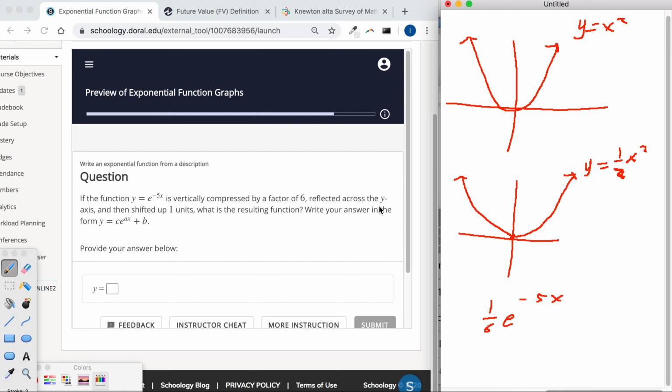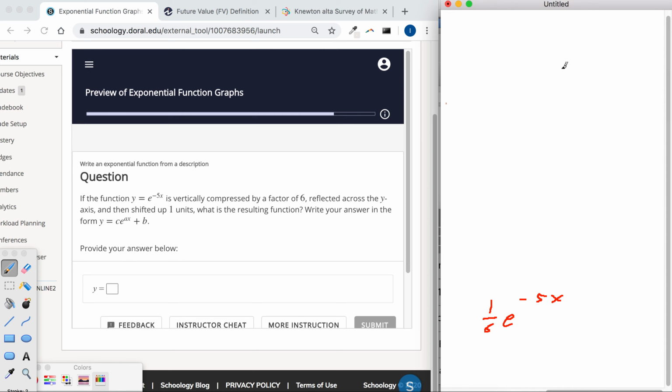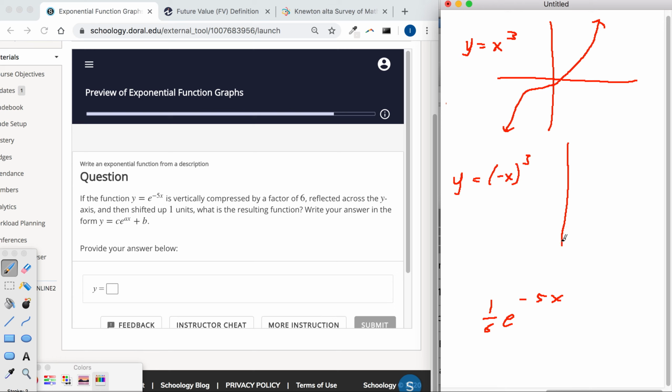Now it's reflected across the y-axis. You could play around with Desmos.com to see what causes reflections in graphs. If you do y equals x to the third, the graph looks like this. And if you do y equals -x to the third, the graph is going to look like this.